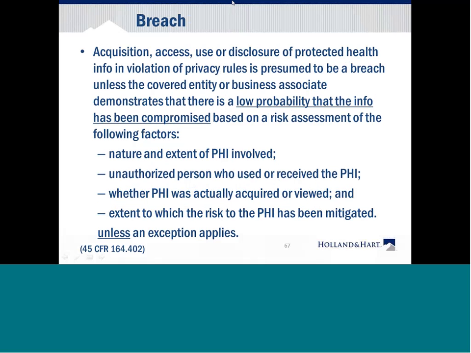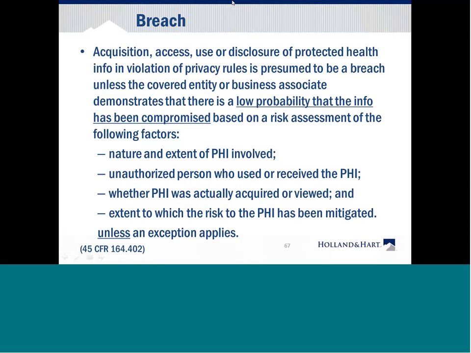Breach is defined as the acquisition, access, use, or disclosure of protected health information in violation of the privacy rules. That unauthorized acquisition is presumed to be a breach unless the covered entity or business associate demonstrates that there's a low probability that the information has been compromised. That is the standard. The breach is presumed to be reportable unless there's a low probability that the data has been compromised.